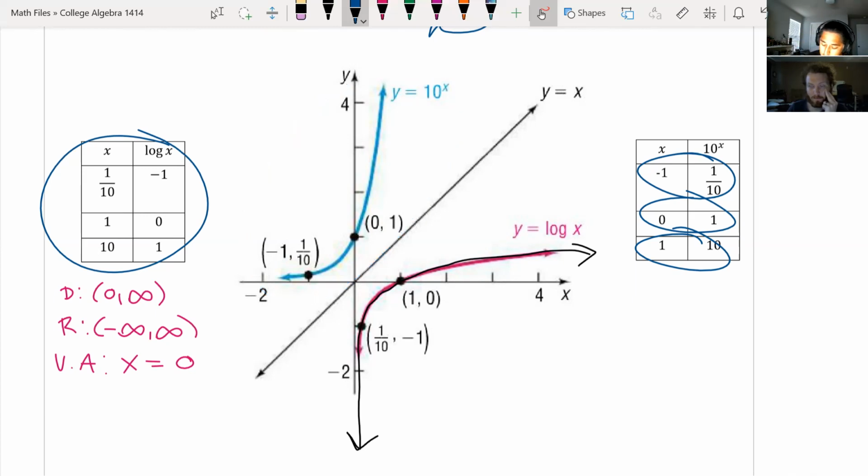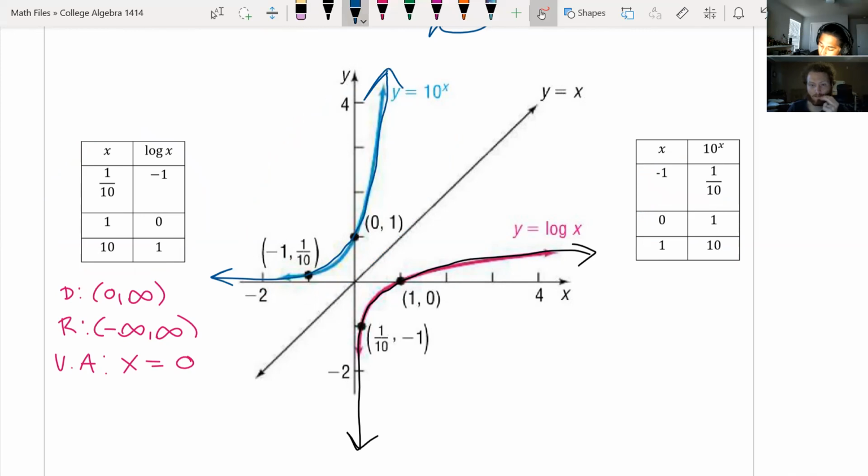And then again, you realize that you never ever touch the x-axis. We learned this last class. You'll get really close to 0, but you will never touch it. So this means that for our domain, we have all real numbers, but for our range, we go from 0 to infinity.